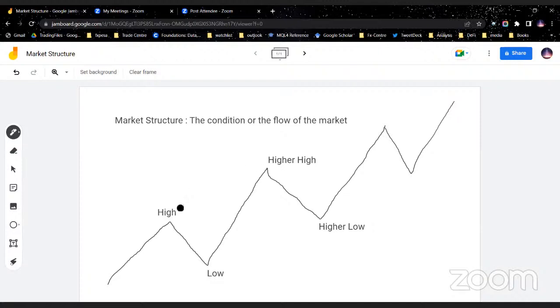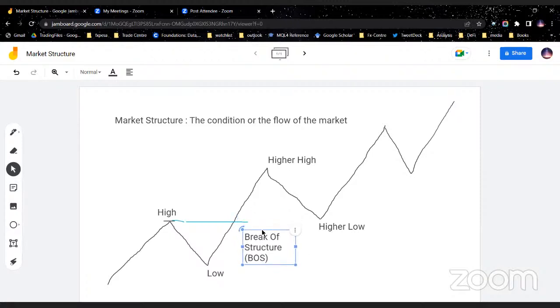So in this case, for example, if we call this a high, and then we have, let me change this. And then we have price break this high here, then we will call this a break of structure, or simply BOS.